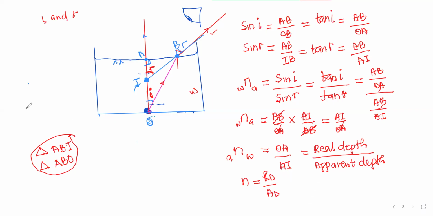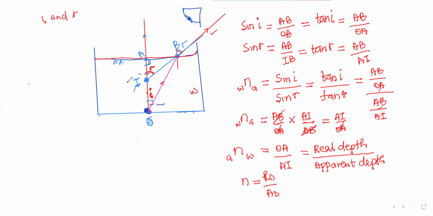Now we were also talking about displacement, and recall that I said all measurements are taken from the surface of the liquid. So real depth must be taken from the surface of the liquid. Apparent depth must also be taken from the surface of the liquid or glass block.